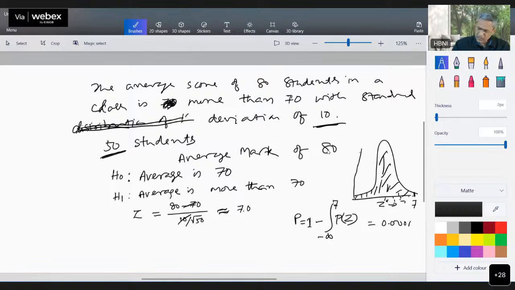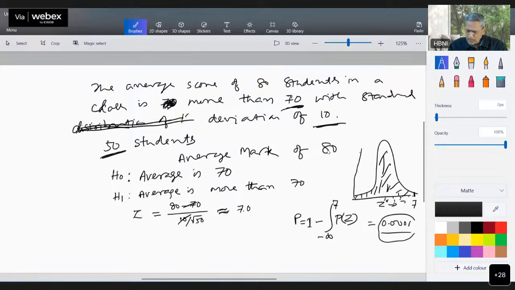And we have taken as a convention, small probability means, from this distribution, assuming that my mean is 70, what is the probability of getting the value 80 or above? This probability basically says what is the probability of getting an average of 80 or more, assuming that my average is at 70. That is a very small thing.